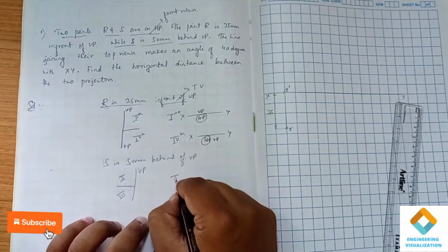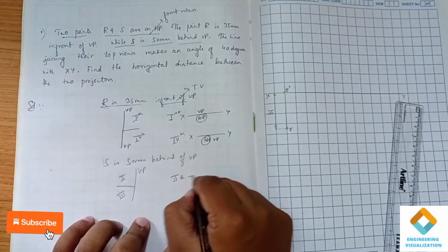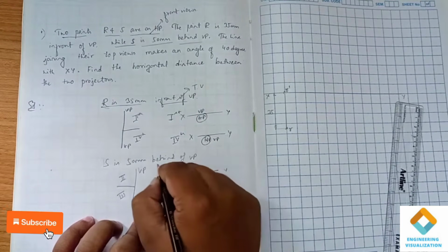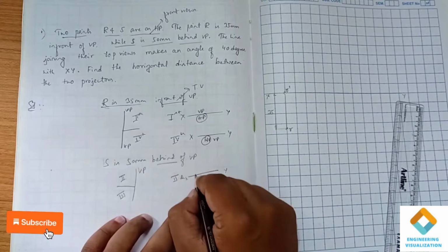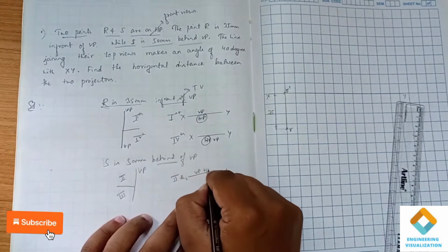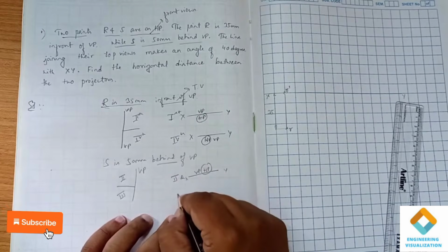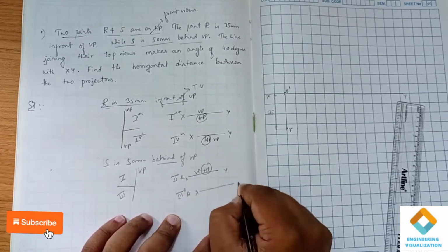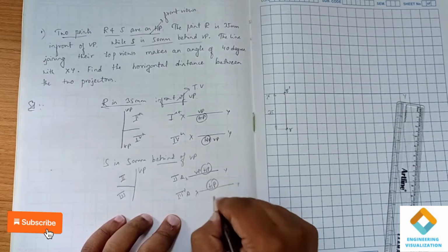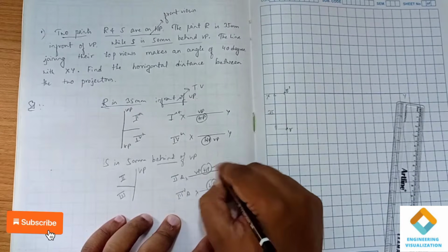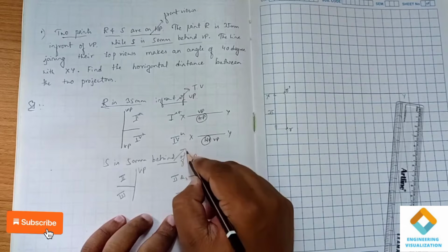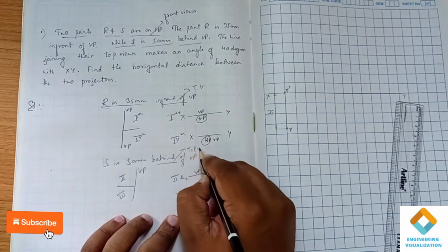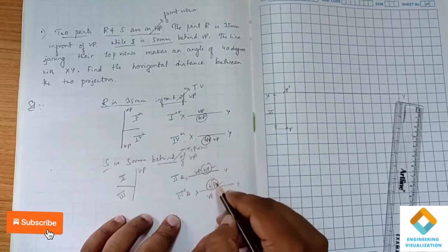In the second quadrant, behind VP means this is the top view. So VP, HP, above the XY line, in the second quadrant, and in the third quadrant also we get HP and VP. In both the cases the top view of S is lying above the XY line.